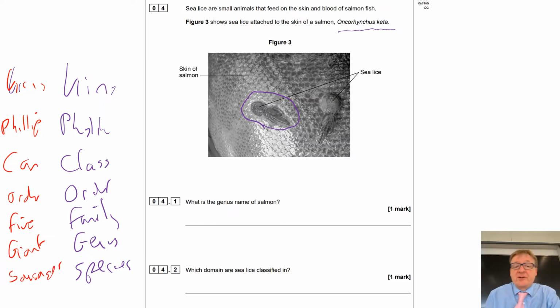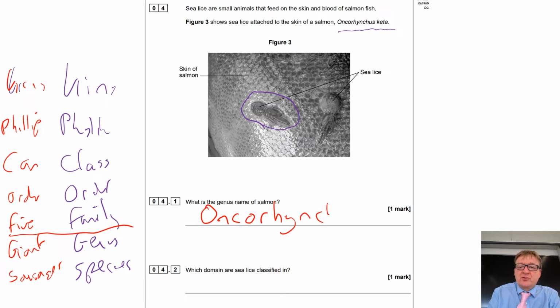So that's a way of remembering it. Okay, what is the genus? So the genus is the second to last one, and that is the one that's always done in italics. So what I'm going to do, I'm not even going to say it, even though I started to say it then, Oncorhynchus. Okay, it's obviously pronounced wrong.